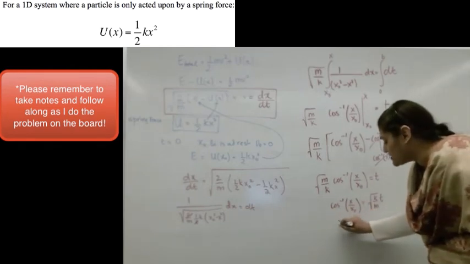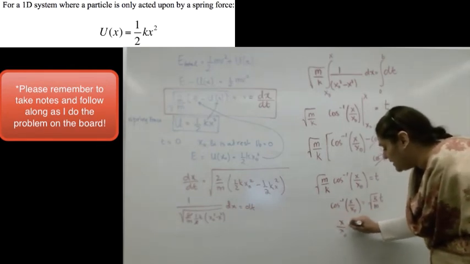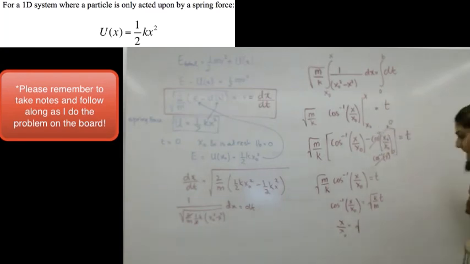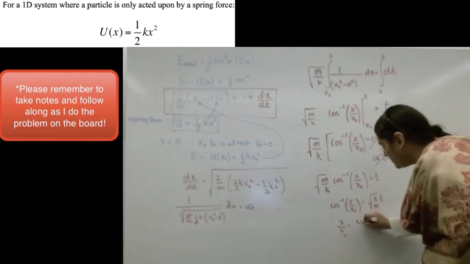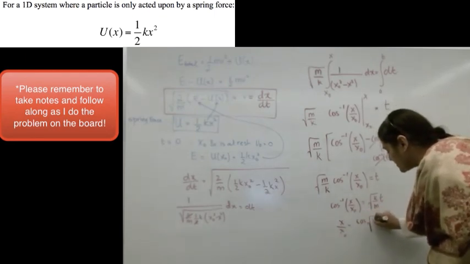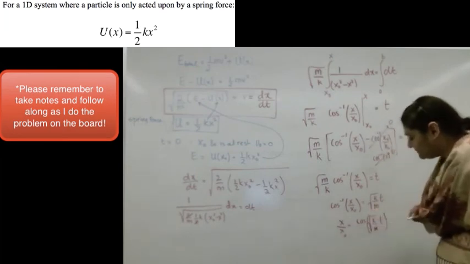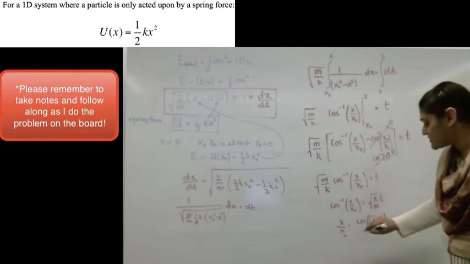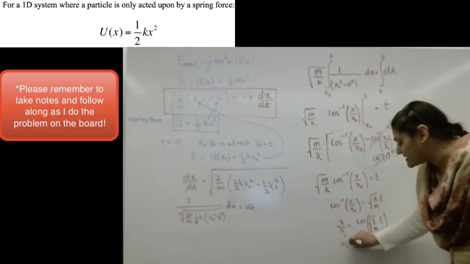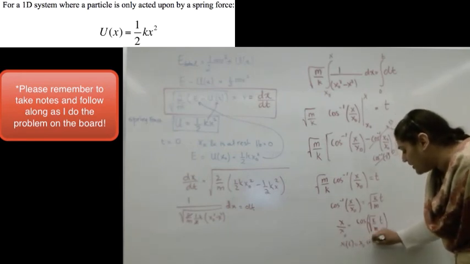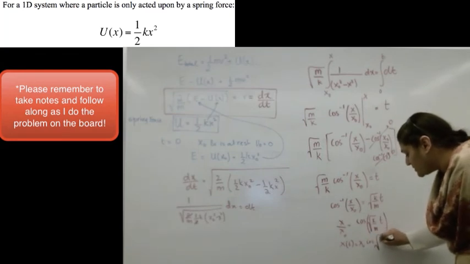It will now be x over x naught equals cosine of square root of k over m times t, right? Or this could also be written as x as a function of t equals x naught cosine of square root of k over m times t.